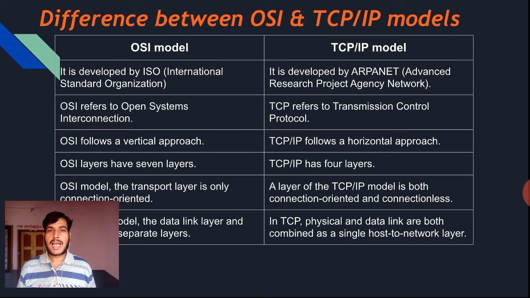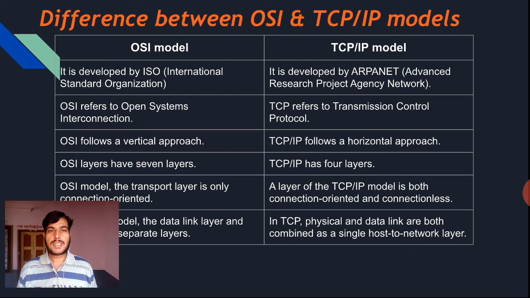The OSI reference model has 7 basic layers, starting with physical and going up to application, whereas TCP/IP has just 4 layers. In the OSI model, the transport layer uses only connection-oriented communication, but in TCP/IP it uses both connection-oriented and connectionless communication.